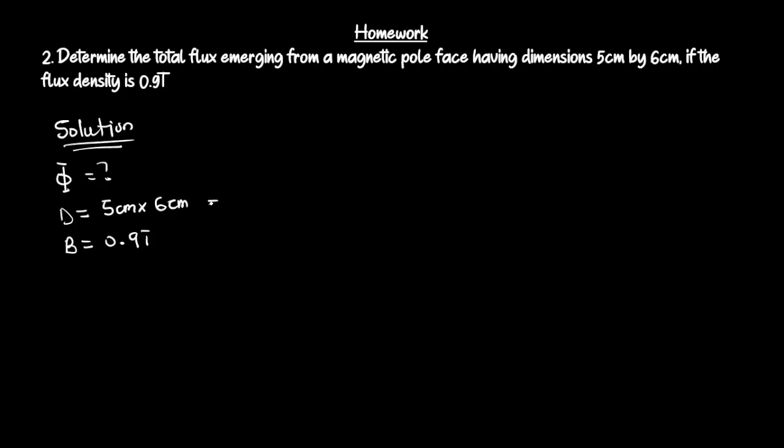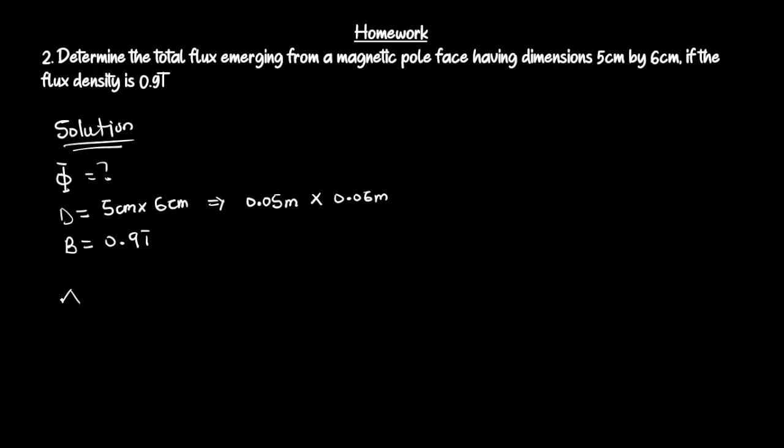So the first thing I'll do here is to change the dimensions to meters. So 5 centimeters to meters, from centimeter we go to decimeter to meter, so it will be 5 divided by 100, and that will give me 0.05 meters by 0.06 meters.